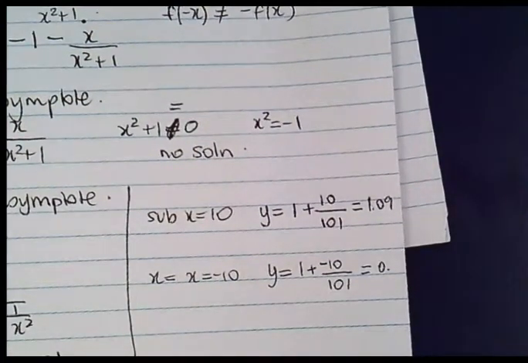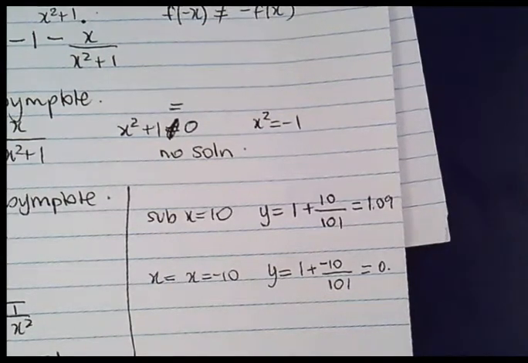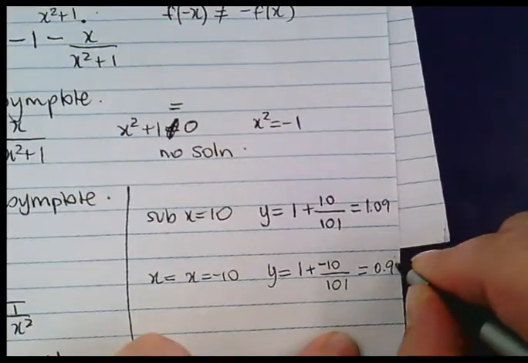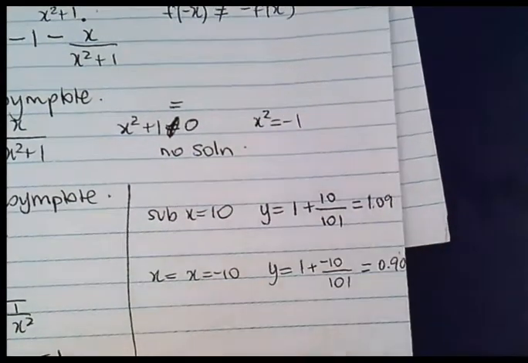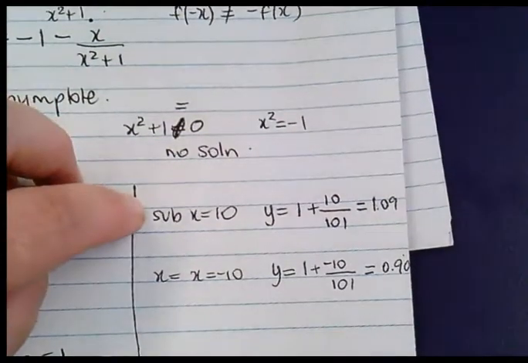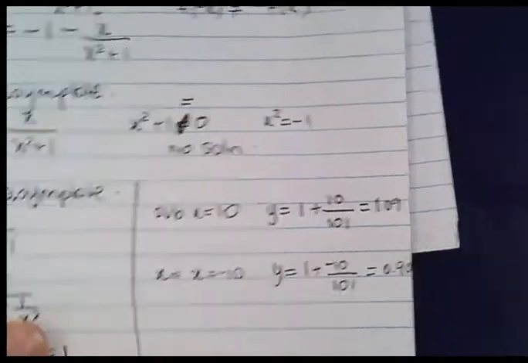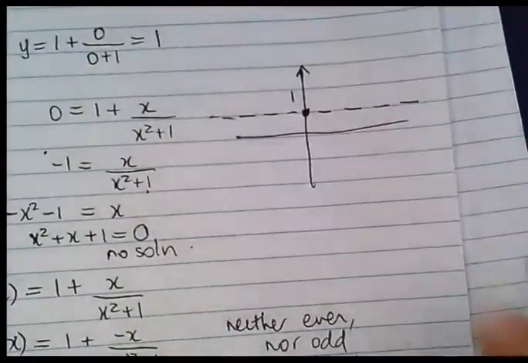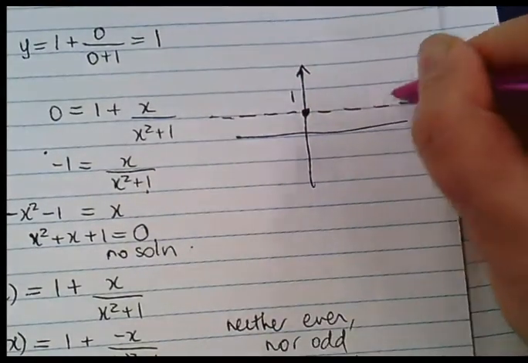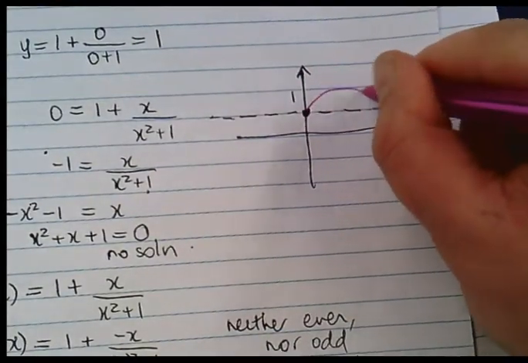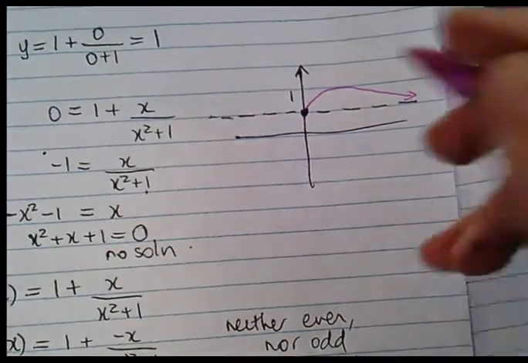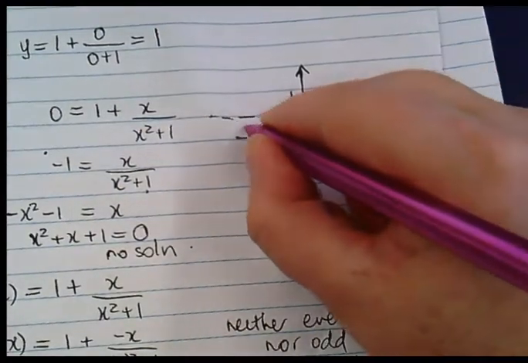So it'll actually be 1 minus 10 over 101. Girls, when x is 10, y is 1 from above, and when x is negative 10, y is 1 from below. Now, the only way that that can happen is as follows. When x is 10, it's from above, so it actually has to go like this. And the other one is from below.